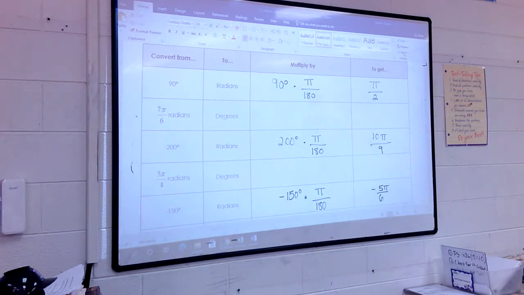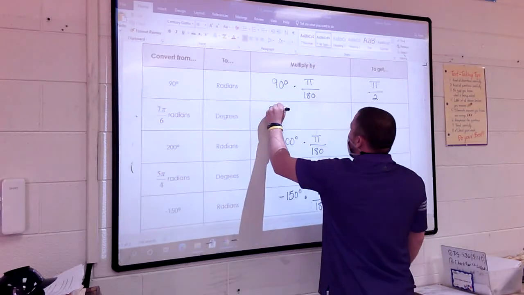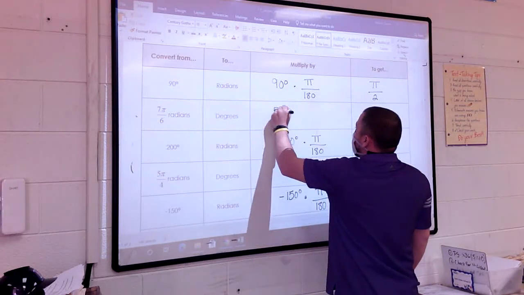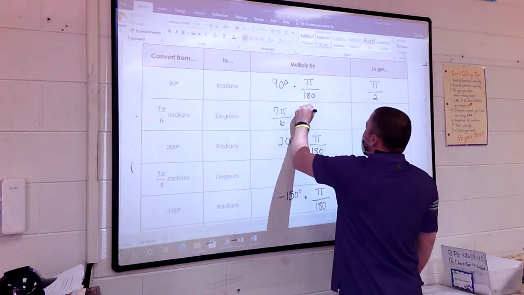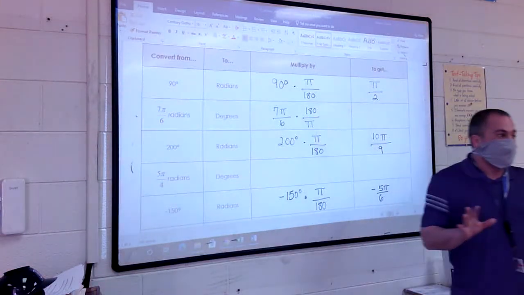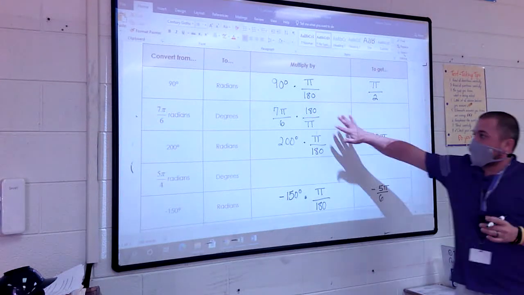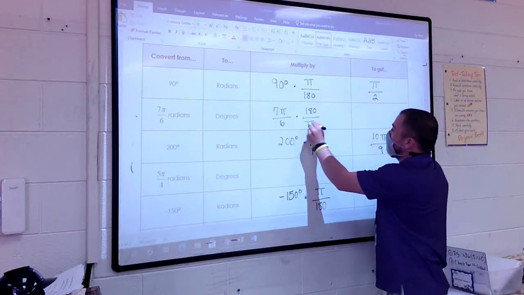The other way. So if you're going from radians to degrees, it's 7 pi over 6, and you're multiplying it by 180 over pi. Now think about what that actually means. The easiest way to do it in the calculator is, when you're doing this, the pi's go away, right?